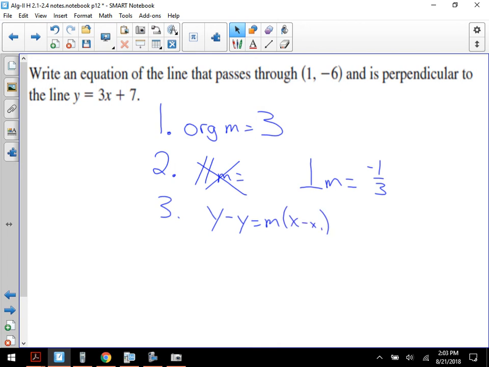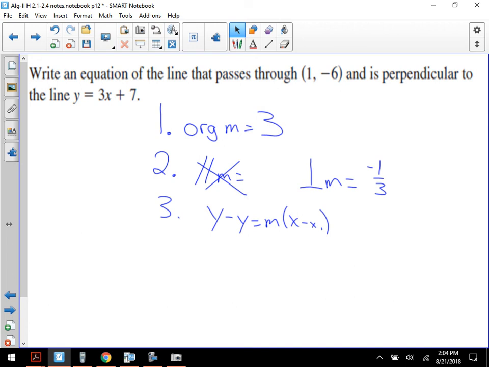The reason that I put in that second step is because of you guys. You will go through so fast and say, oh, my last problem was parallel, so this problem is parallel, and all of a sudden you just did all these parallels. Did I do perpendicular? You'll forget. By putting in that second step, it forces you to reread the question.